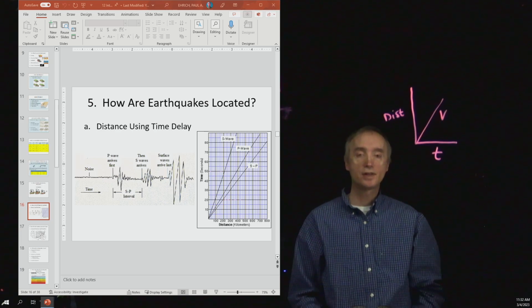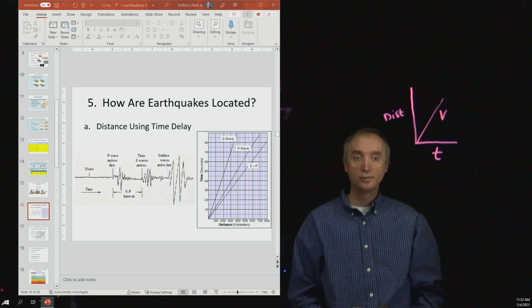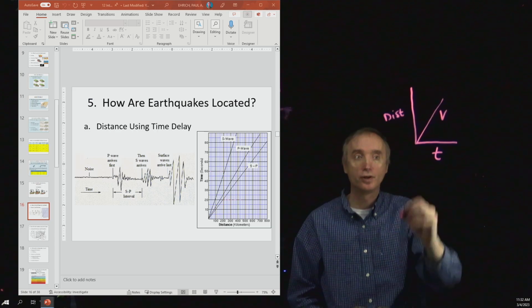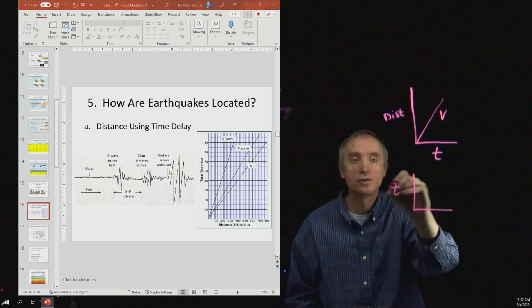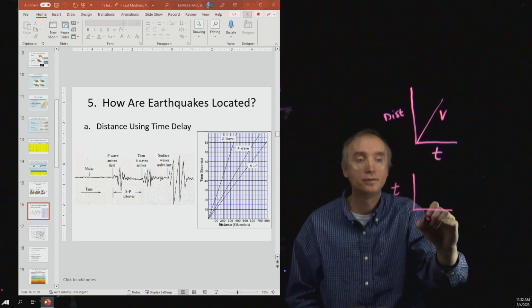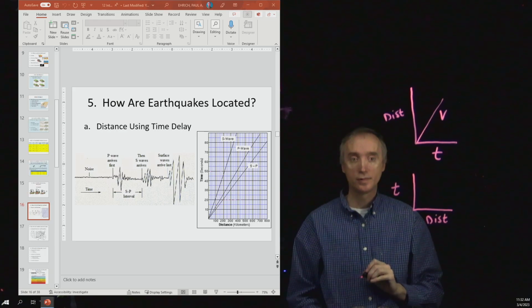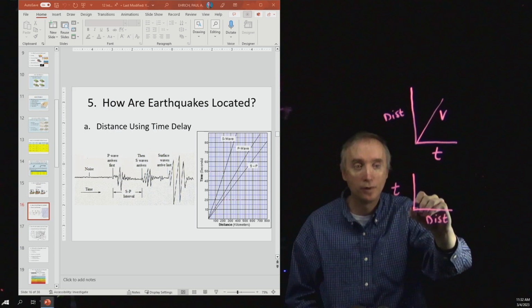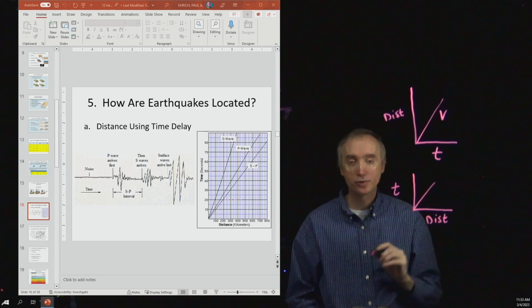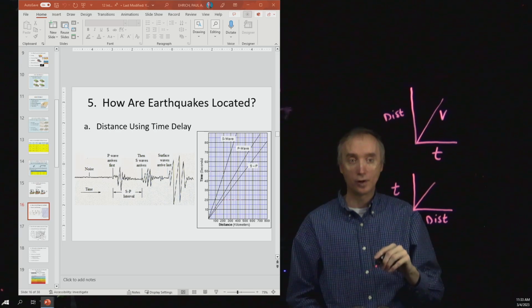Well, you'll notice that in this picture, it's not drawn that way. In this graph, time is going up and down, and the distance is the one going sideways. You can still get a slope when you do that, but this time the slope turns out to be the inverse of the speed of the earthquake wave.